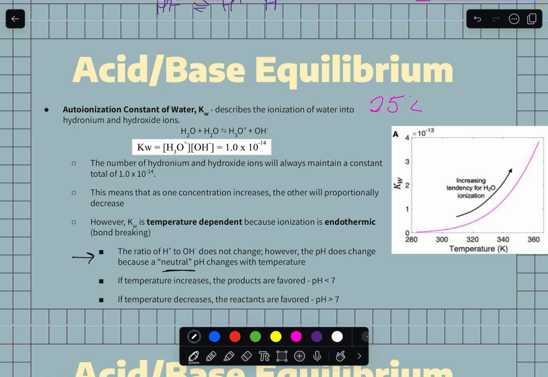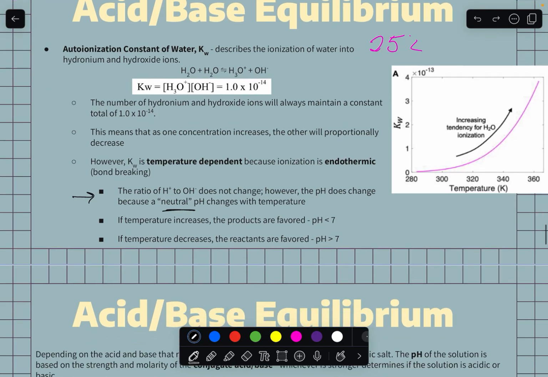So if you increase the temperature, your neutral is now less than 7. If you decrease the temperature, your neutral is now greater than 7. It's a weird concept, but if you change the temperature with Kw, it's just changing what we consider as neutral, just changing the baseline.